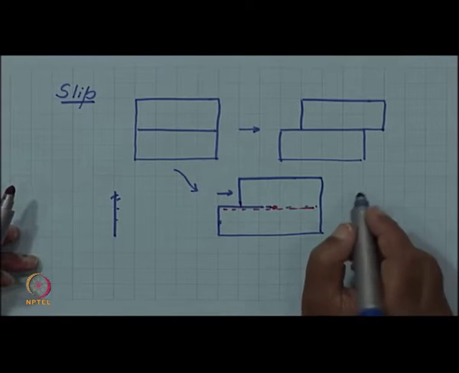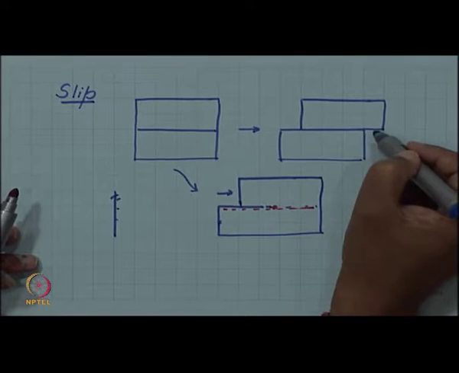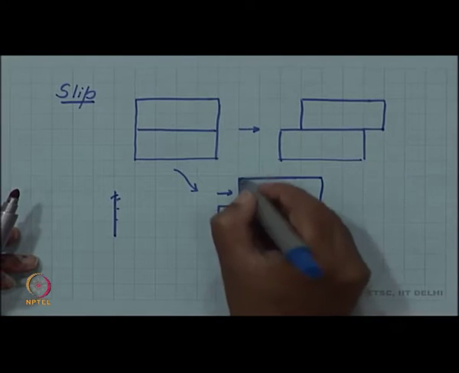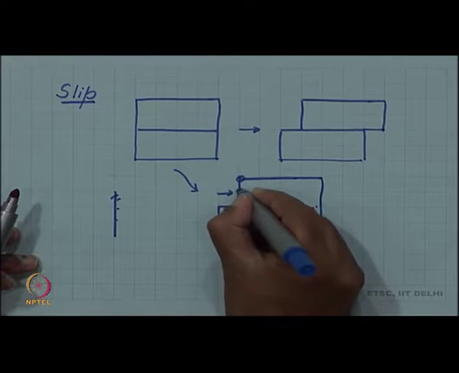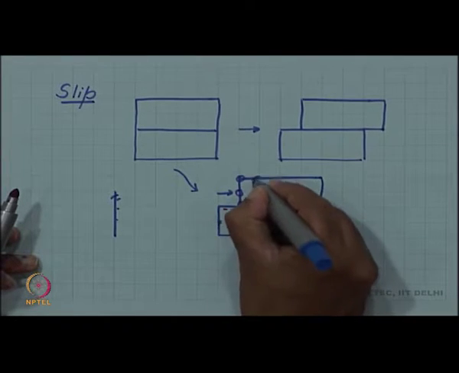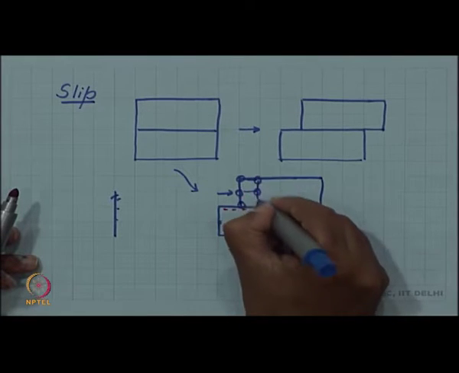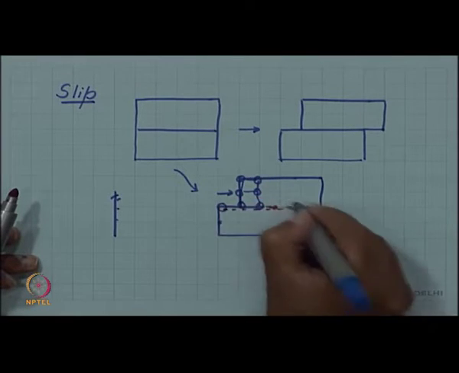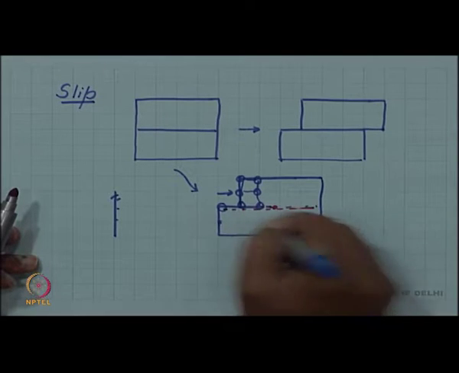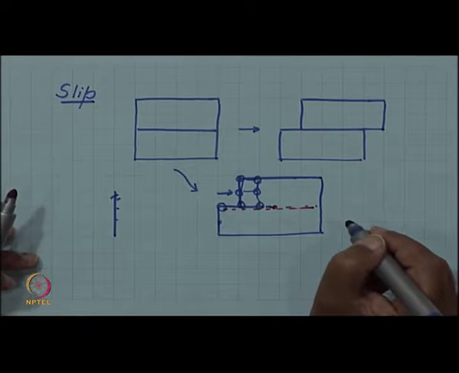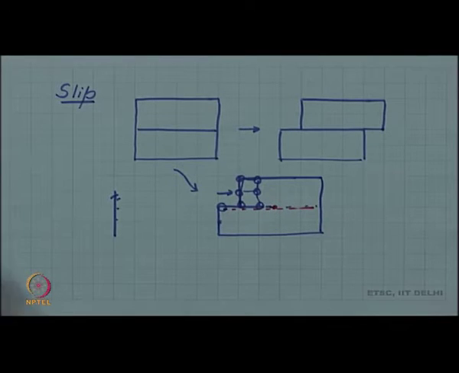This is possible because the entire crystal is not really a continuum rigid body, but is made up of atoms, and it is possible for atoms and the atomic bonds to distort and deform in a way that sliding happens on one part, but the other part has not yet slid. So, this was the proposal.